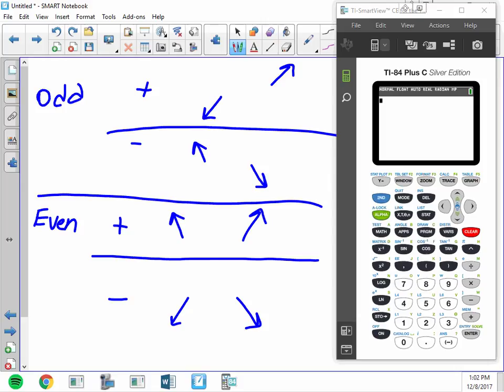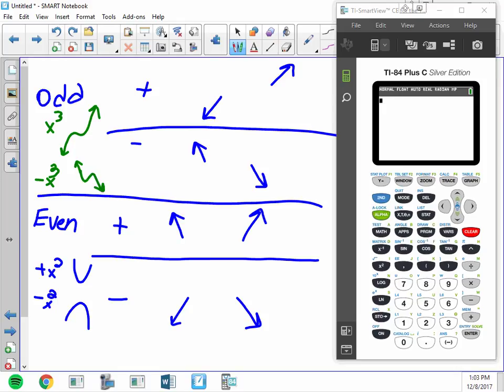But it makes sense, right? A positive x squared is going to look like this. A negative x squared is going to look like this. And so an x to the 4th and an x to the 6th and an x to the 8th are all the same. But a positive x to the 3rd looks like this, and a negative x to the 3rd looks like this.